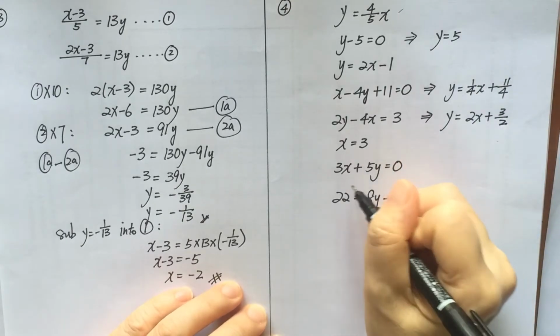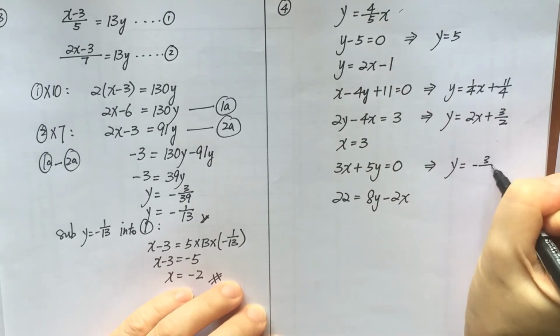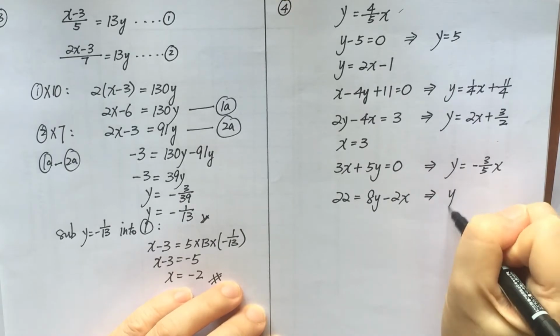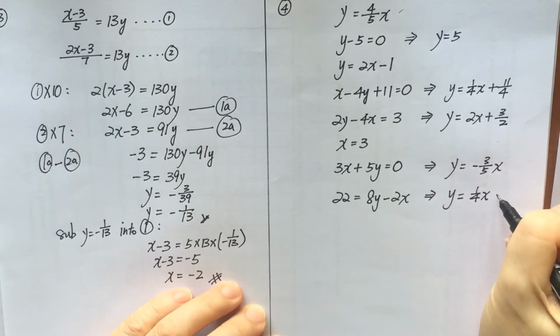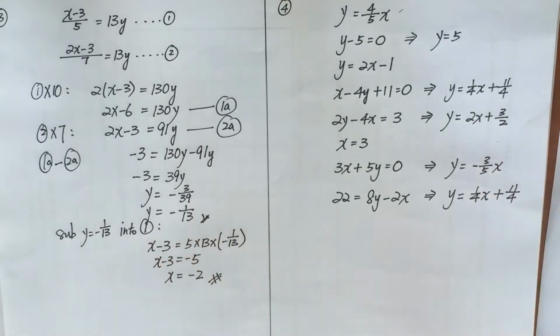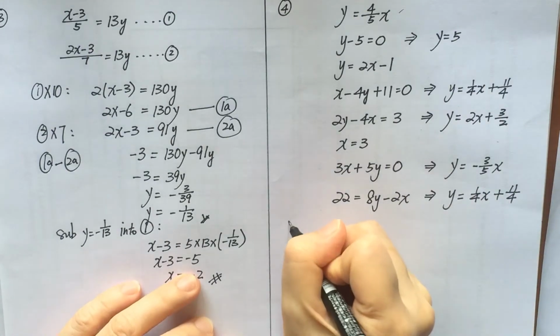The next one is y equals to negative 3/5x, and the next one is y equals to 1/4 x, okay, 1/4 x plus 11/4. Okay, so all of them we changed into the gradient intercept form already, so it is very easy now.